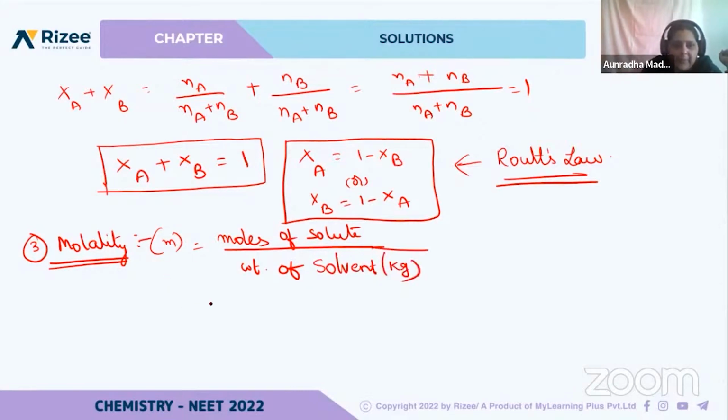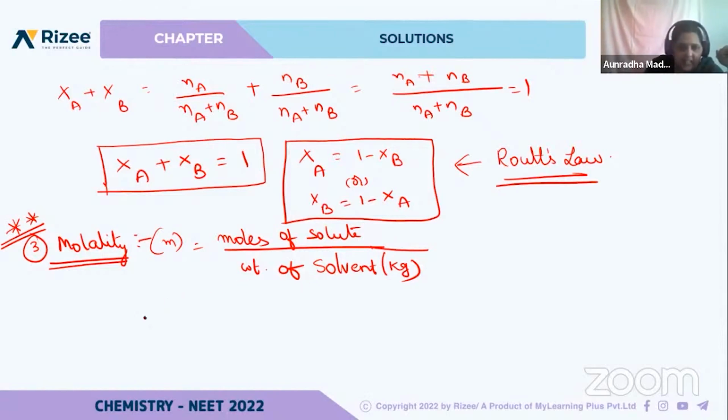Moles of solute by weight of solvent. This is the exceptional case. Up to now we compared the solute values, whether mass, volume, equivalents or mole fraction, with the solution. But in the case of molality, we compare the solute with the solvent. This is the exceptional case.